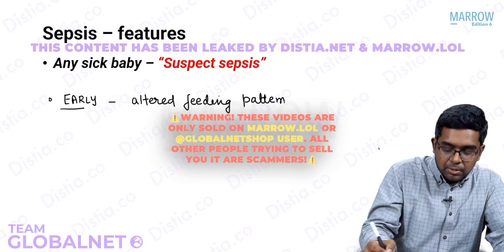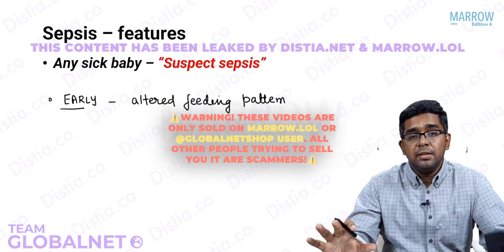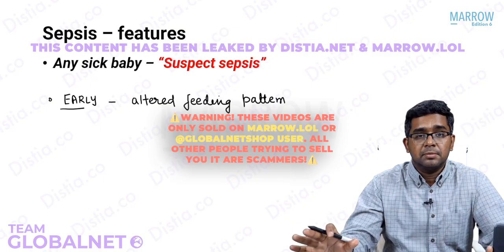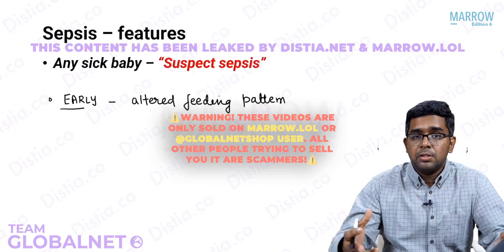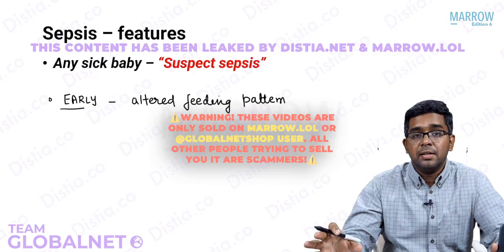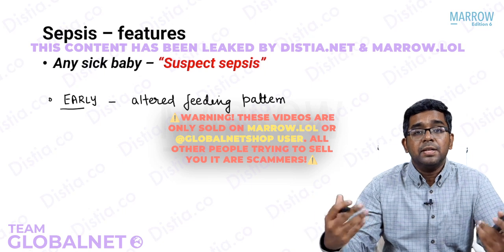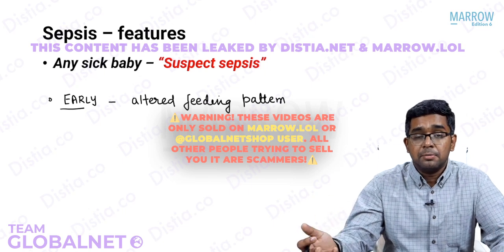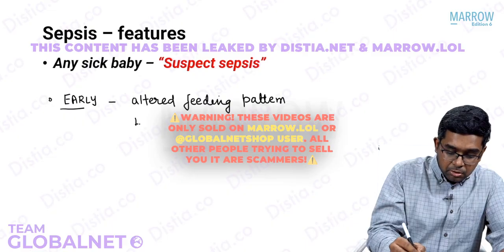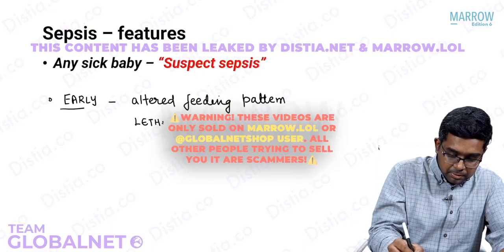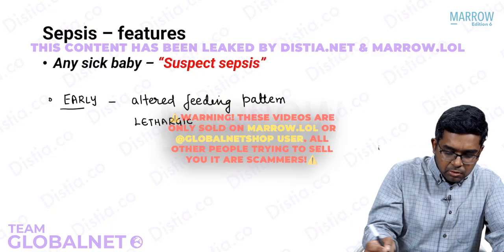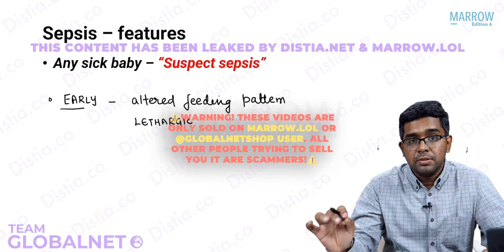The mother will tell you like this: the baby was previously feeding every 2 hours perfectly, but for the past few hours, the baby is not feeding every 2 hours. Baby is not even interested to feed. And the mother can tell you the baby is not active, a lethargic baby. These are common early presenting features of sepsis.